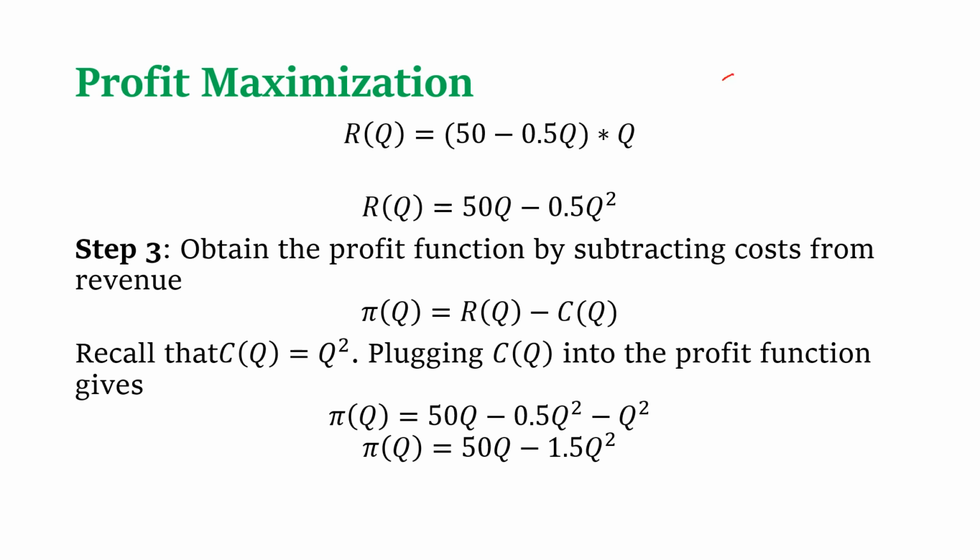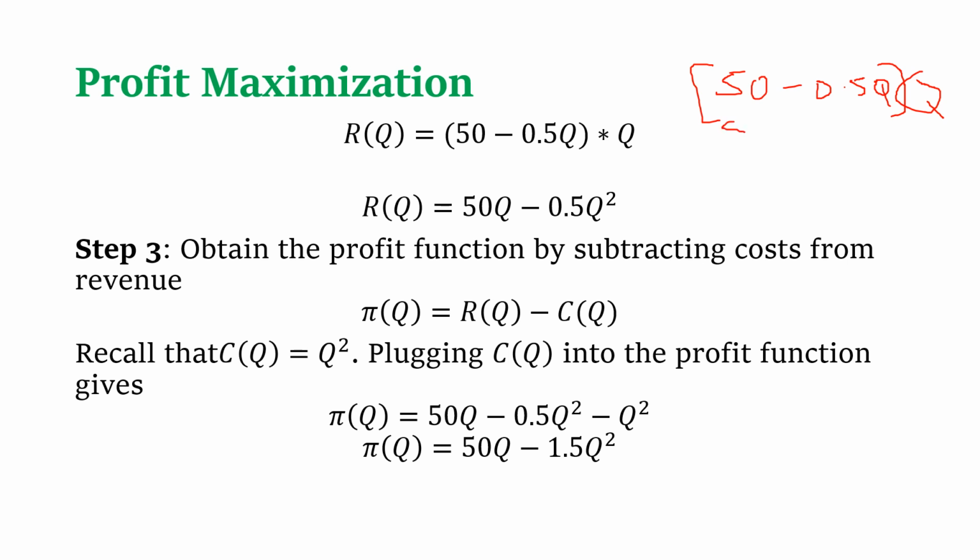We have 50 minus 0.5Q, and then you multiply everything by Q, right?